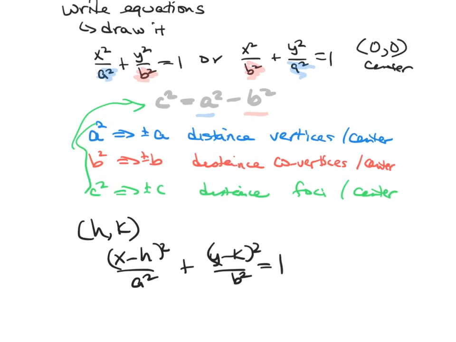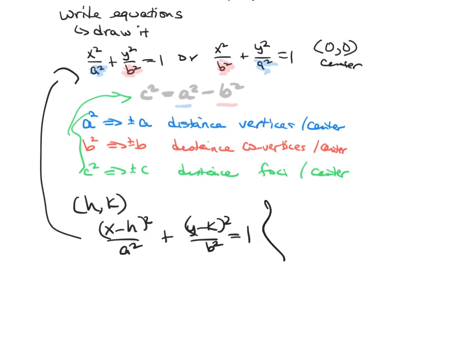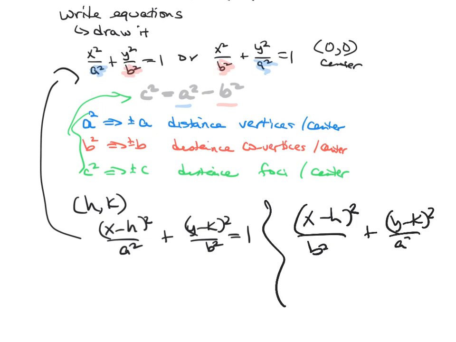That would be the one scenario, which matches this one. And then you have the other one, again, x minus h squared. This time the b squared's under it. And then the a squared's under the y this time. And that would match with that one. Pretty good on 10-2. All right, let's go to 10-3.